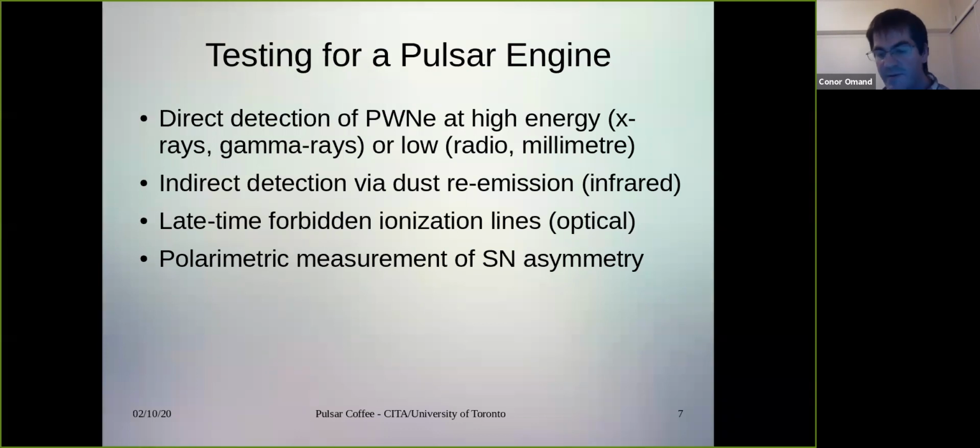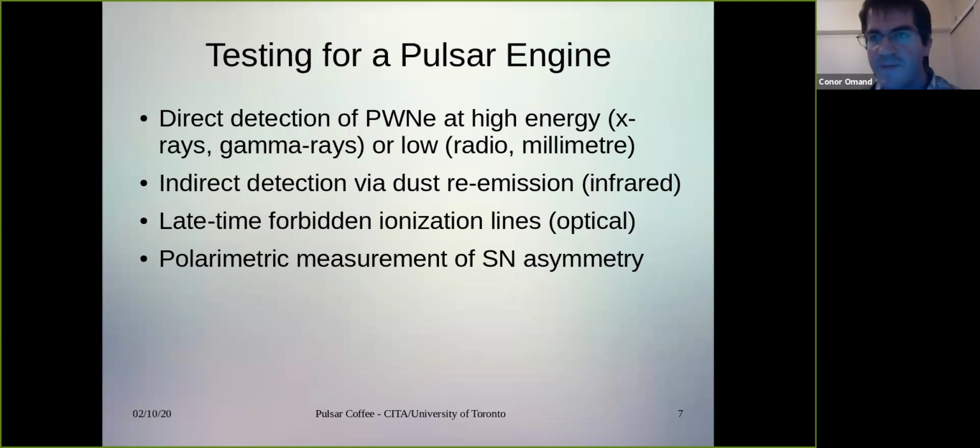There was a nice one a couple of years ago, people who used Fermi data, and they put limits on a lot of those luminous supernovae. But there hasn't been a lot of radio millimeter studies, or at least there wasn't when I started working on this. There have been quite a few in the past years, and I'll be talking about those. The next method is indirect detection via dust re-emission.